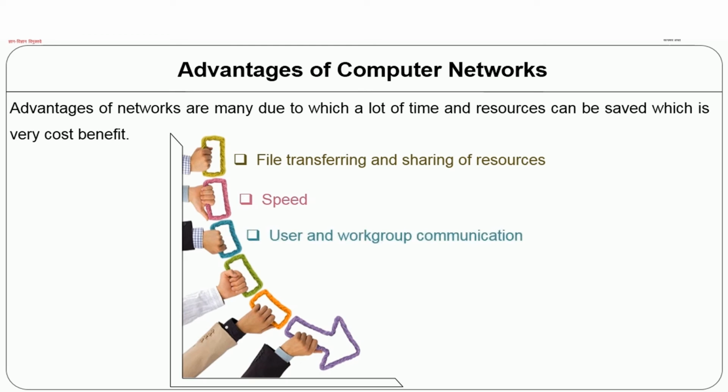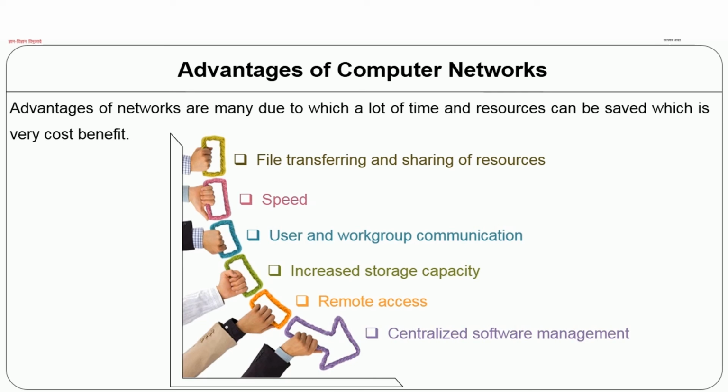User and workgroup communication is very easily possible, and we can also store information, thus it increases the storage capacity. It also allows us to have remote access. It also helps us to manage software centrally.